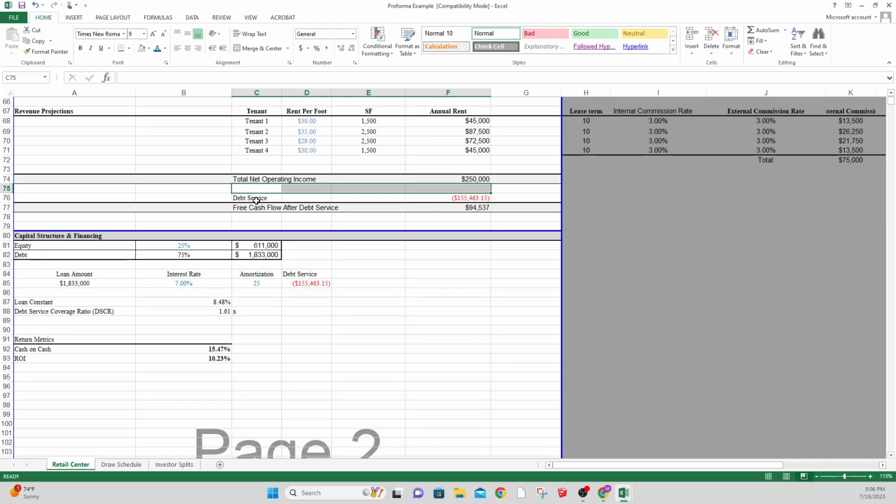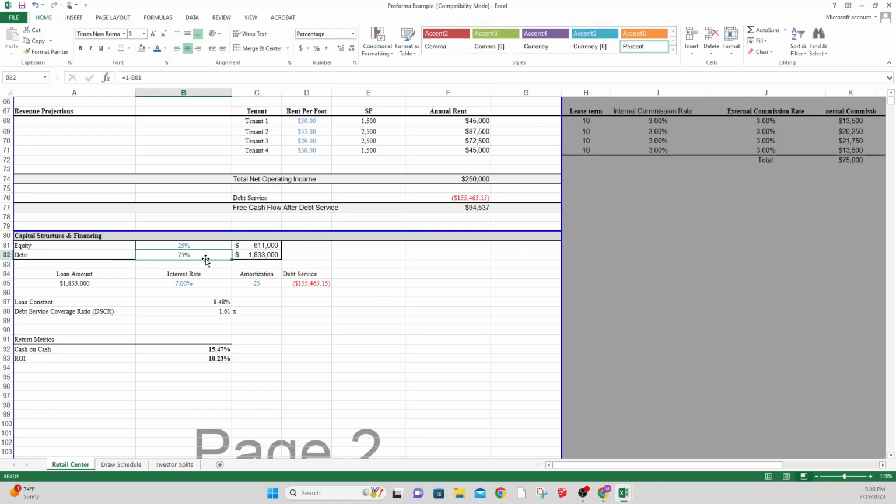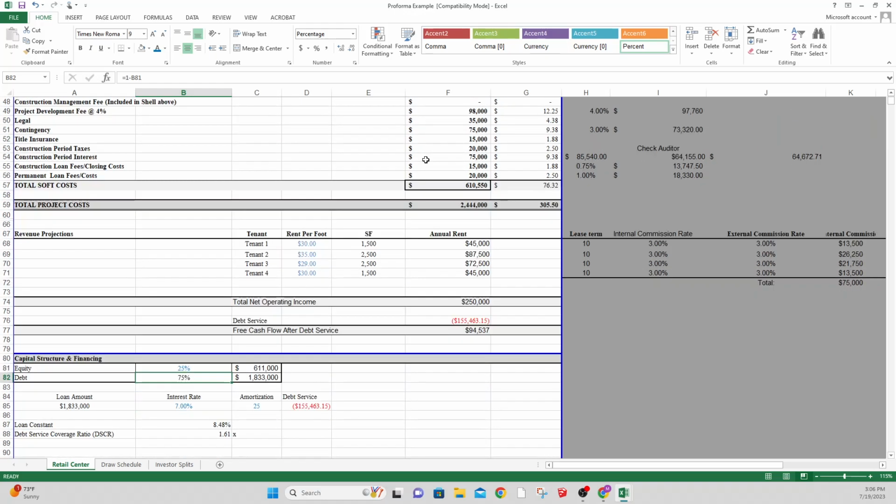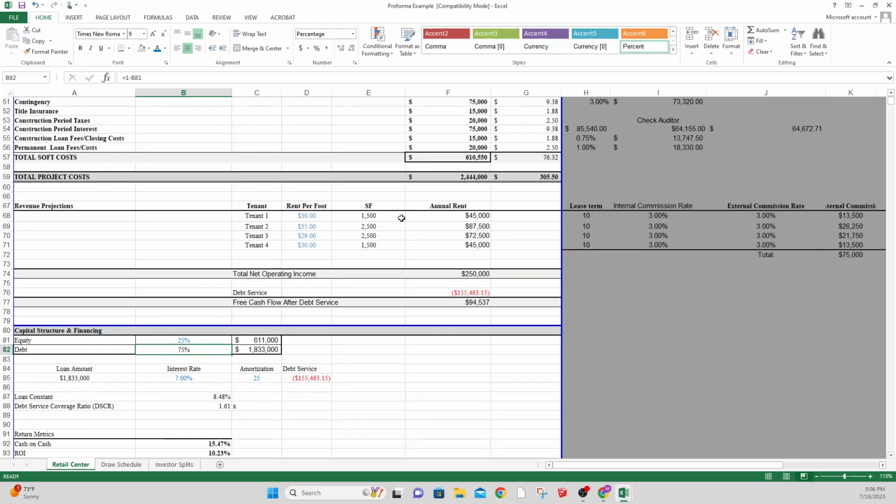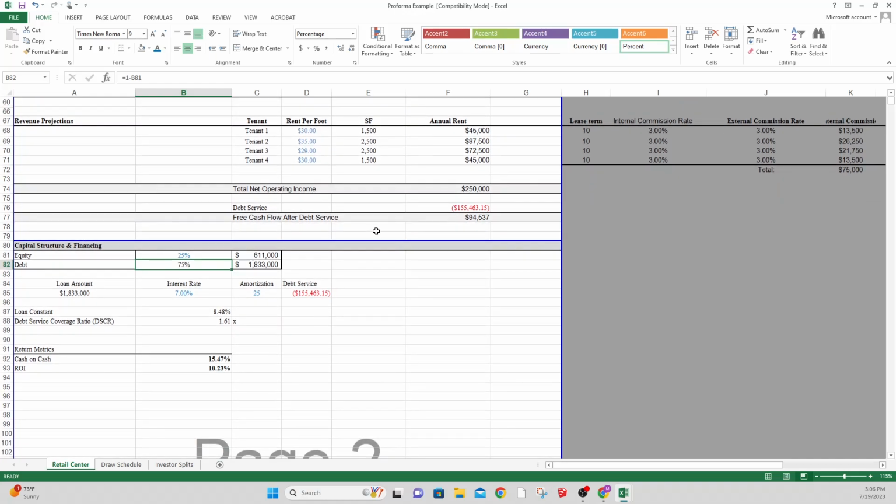Then you would subtract out your debt service, or what it costs to service the loan that you took out. In this case, we're assuming a 75% loan to cost, not necessarily loan to value, because this is what the budget is to build it, and not necessarily what the value is, as that gets changed by the market.